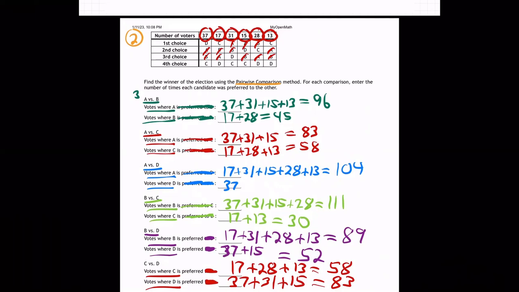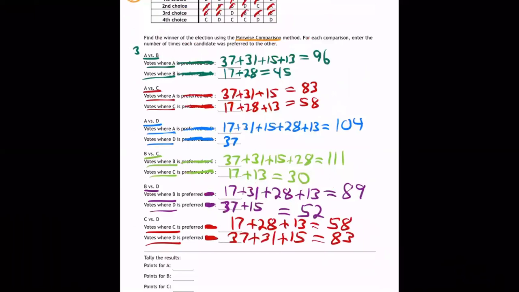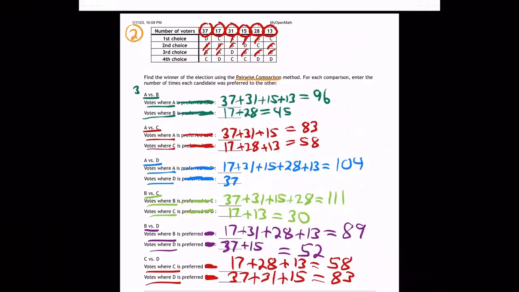So now we have to determine down here, they're going to say tally the results. Okay, so what do they mean by that? Well, I'm going to say who won each of these elections. In this first election, 96 votes, A won it.